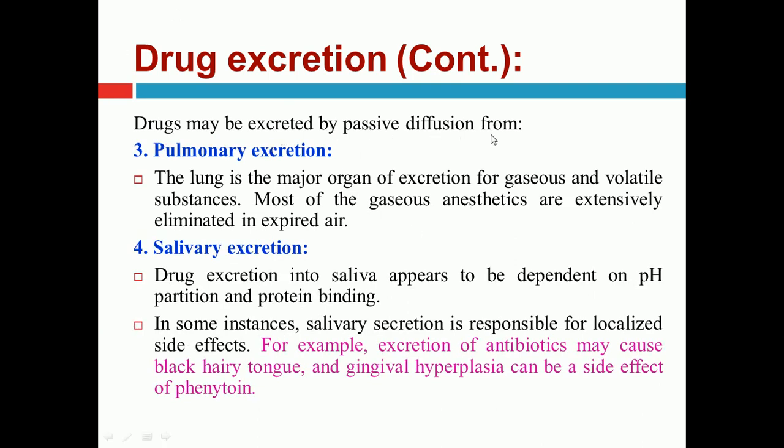Drug may be excreted by passive diffusion from the pulmonary excretion. Most of the gaseous anesthetics are extensively eliminated in expired air. Then we have salivary excretion. For example, certain antibiotics may cause black hairy tongue.